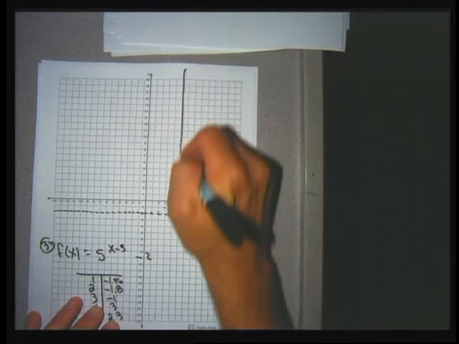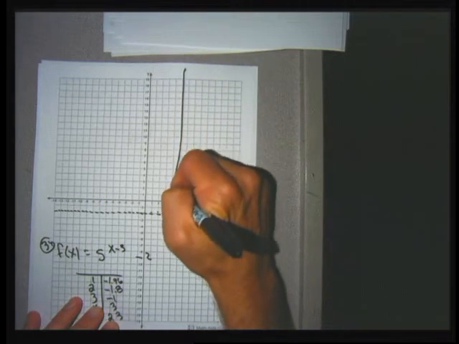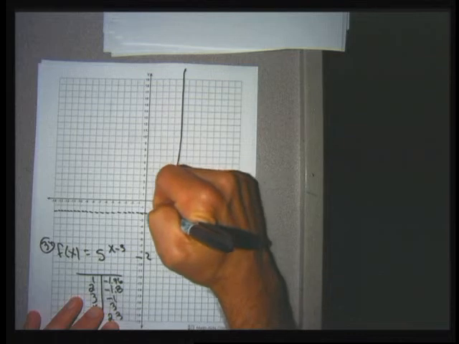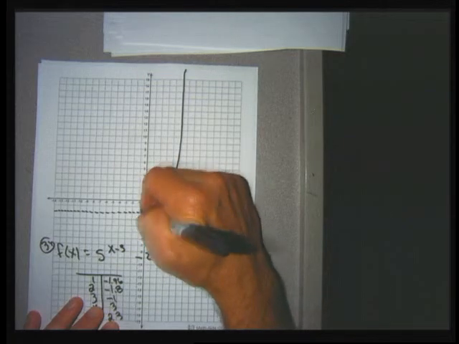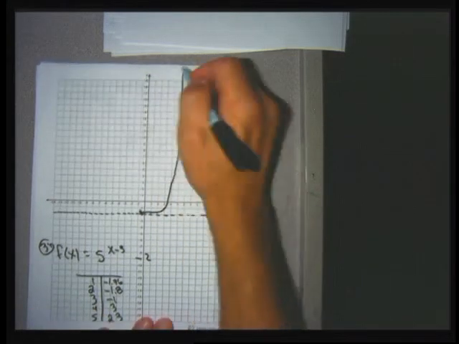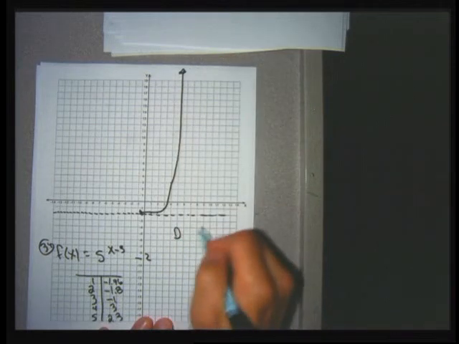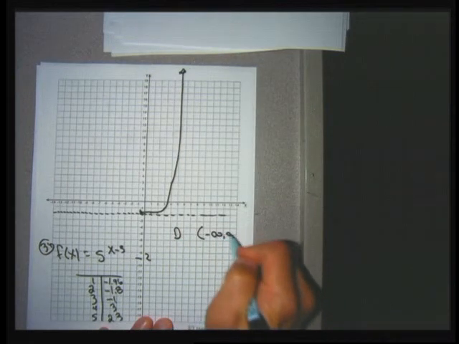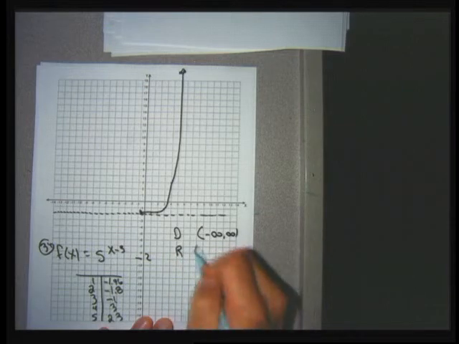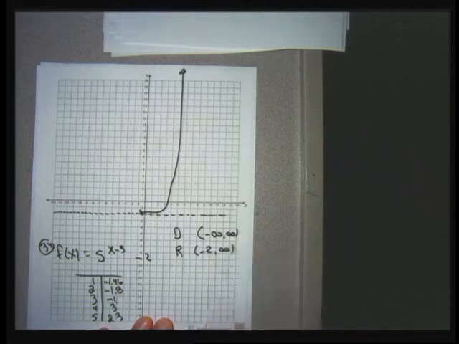My graph doesn't go up to 23, but I could live with that. Good enough graph. The domain is negative to positive infinity. The range is -2 to infinity.